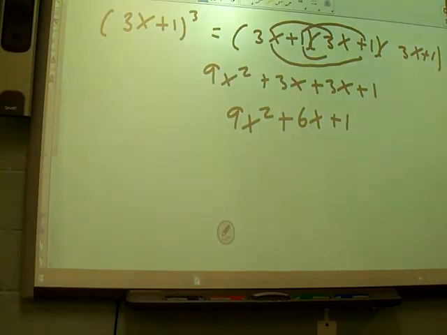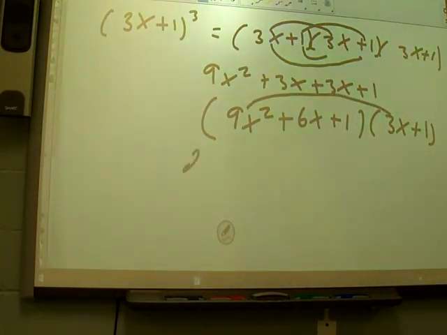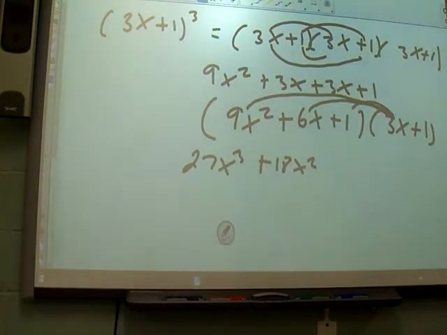Now I need to bring down the other 3x plus 1 and multiply it. Then you get 27x cubed, 18x squared, 3x.